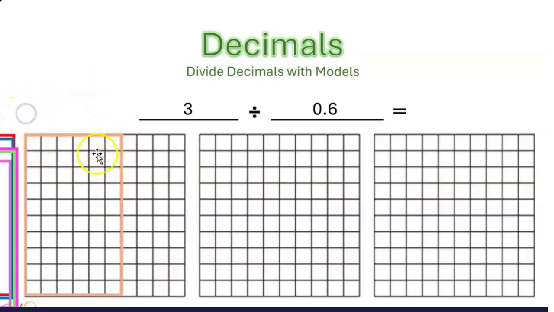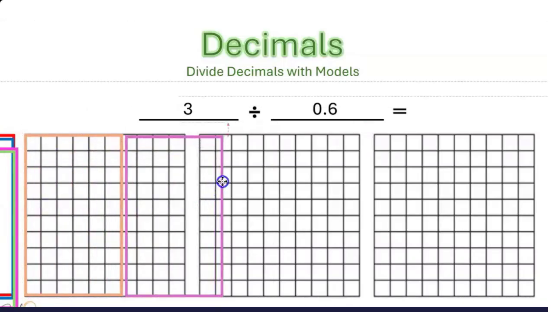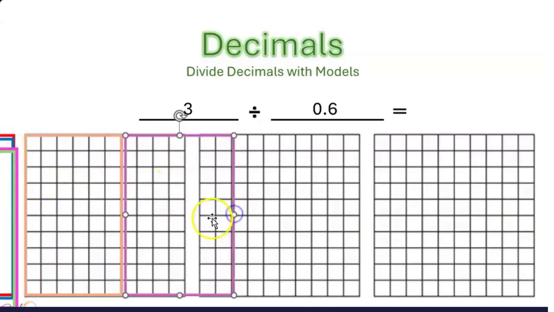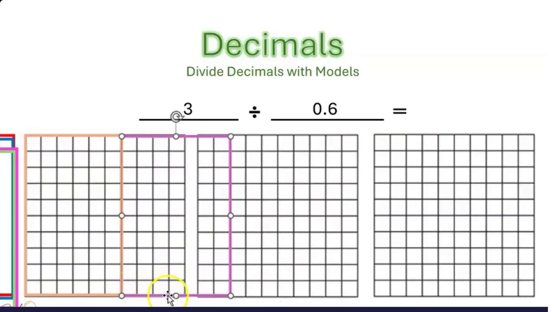There's one of the 6/10. Now we're going to do another one. Uh-oh, there's 4 there, and it's got to cover 2 over here. Now you can see I made this one a little wider, but this is 6/10. This is covering 4, and then 1, 2, 3, 4, and 2 here.